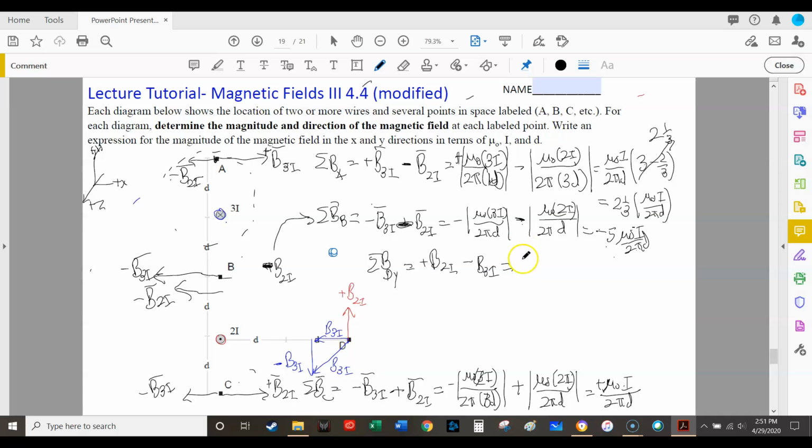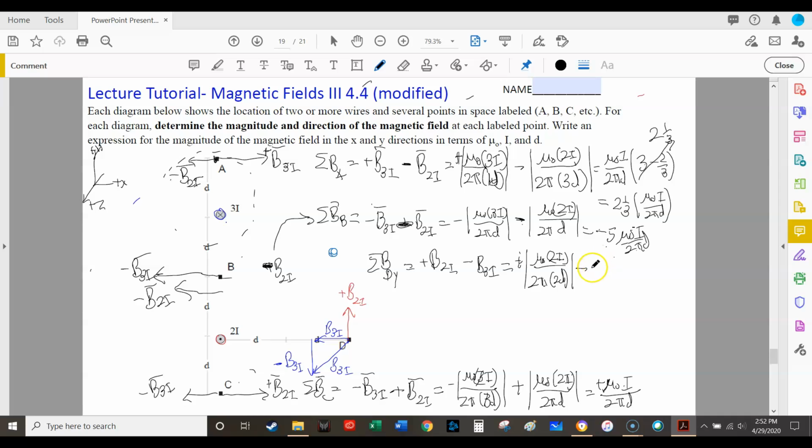So the 2i wire, okay, is simple. It's going to be mu naught, and that's a 2i wire, and it looks like it is 2d's away, so that's going to be 2 pi times 2d, right?